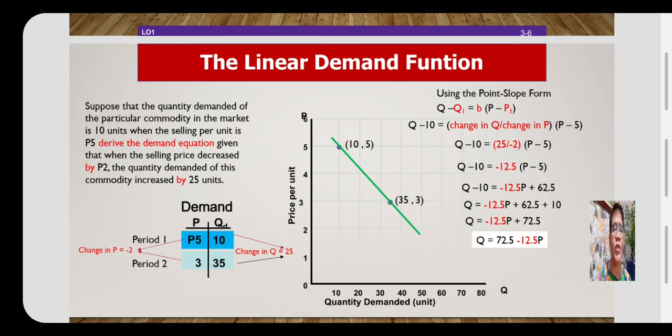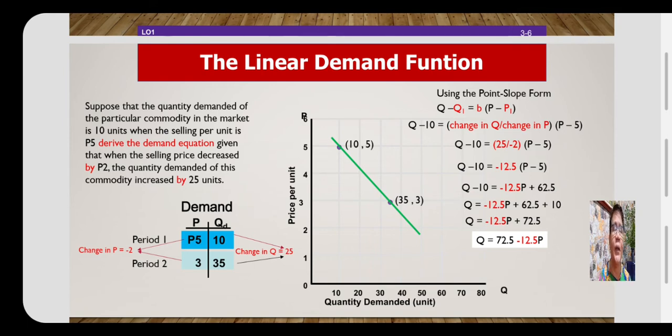So these changes in the quantity and price will actually specify the value of b, which is our slope. So we are now using the linear equation in the form of point-slope form and transforming this into slope-intercept form.